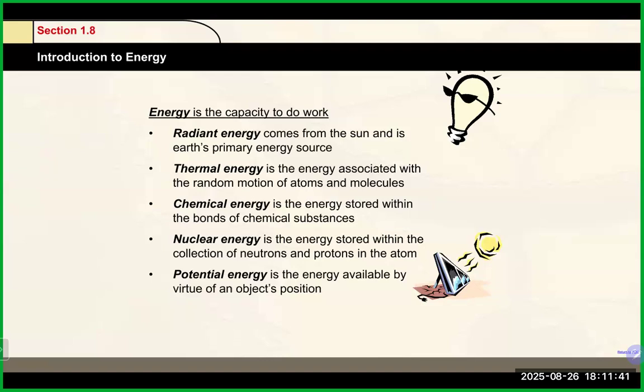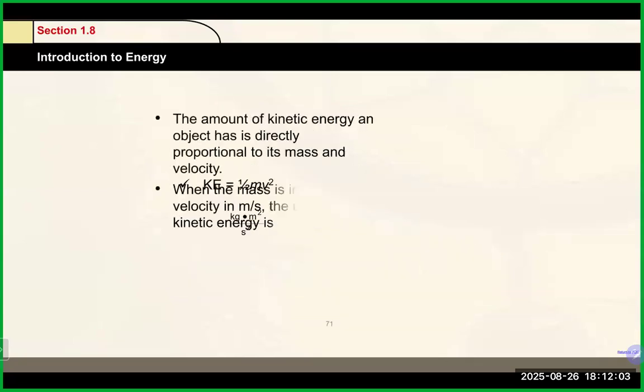The more molecules and atoms you have, the more vibrations you have, the greater the thermal energy. Chemical energy, for example, there's energy stored in bonds. When you make and break bonds, energy is transferred out or in to do so. Nuclear energy, potential energy, the position of something, obviously kinetic energy, the energy of motion as well.